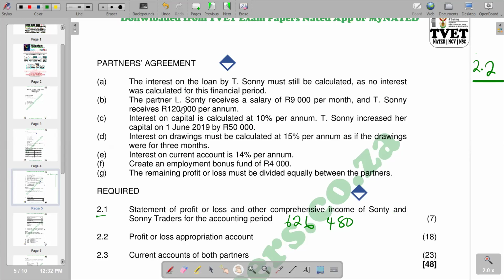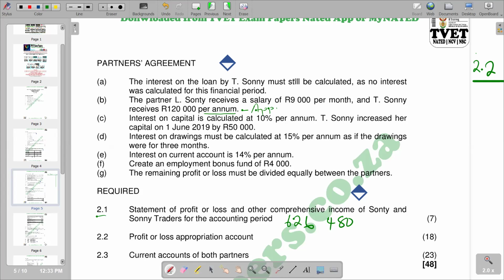The partner L Sony receives a salary of 9,000 per month, and T Sony receives 120,000 per annum. You'd see that the one that is supposed to go to the appropriation is the one which is per annum. So very important to take note. This one which is per annum goes to the appropriation. The one that is on a monthly basis was adjusted in the statement of profit or loss and other comprehensive income.